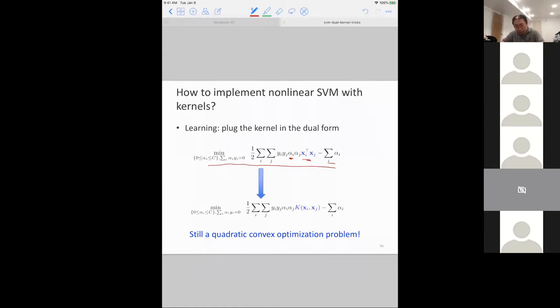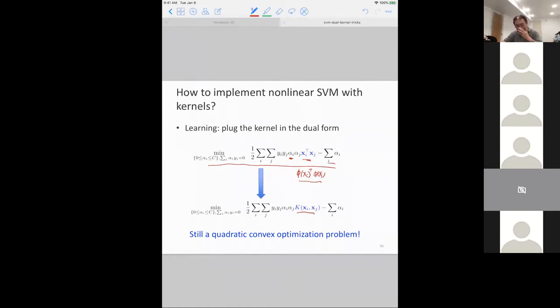Now, following the general idea where we extend linear classifiers to nonlinear ones, we first apply the nonlinear feature mapping. That means I do a nonlinear feature transformation over xi and xj, and then do the inner product. As we mentioned, explicit feature mapping and inner product are very costly, so we can replace them directly by some valid kernel function. That's it. Then we have formulated the objective for training a nonlinear SVM.